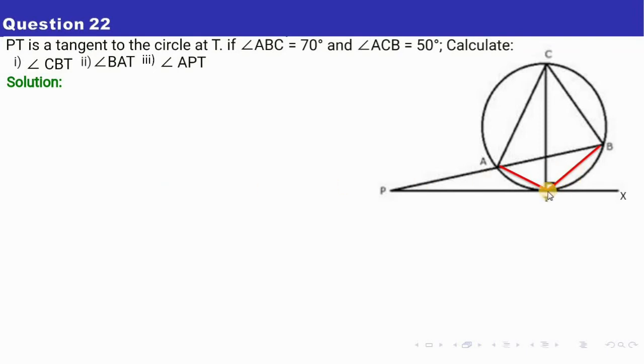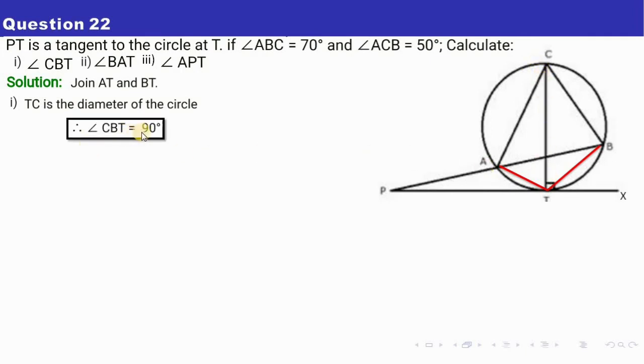Before I start, let me construct here. I am joining A and T, that is AT, and forming a line BT. So join AT and BT. For the first one, TC is the diameter of the circle. If TC is the diameter, then CBT has to be 90 degrees.